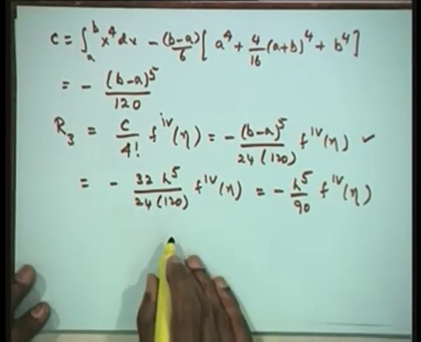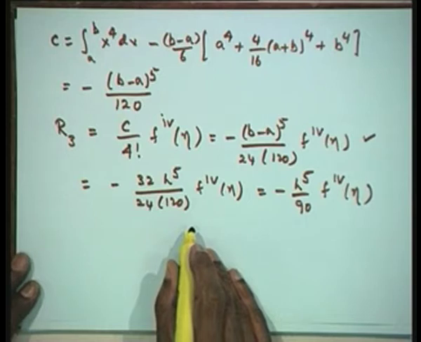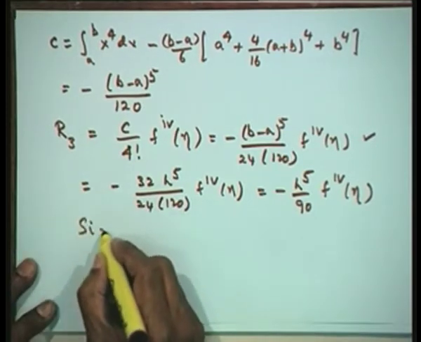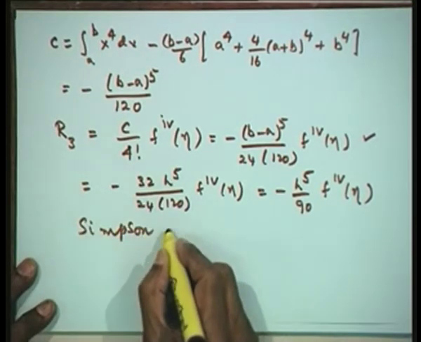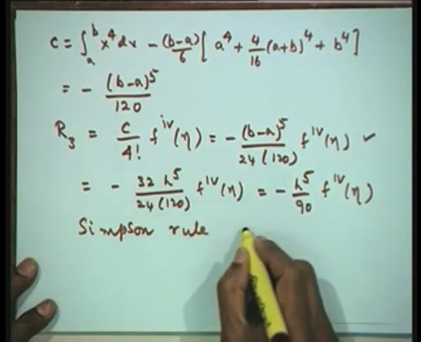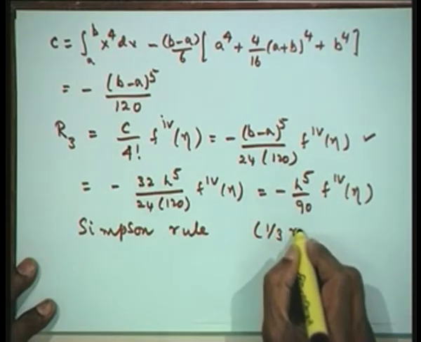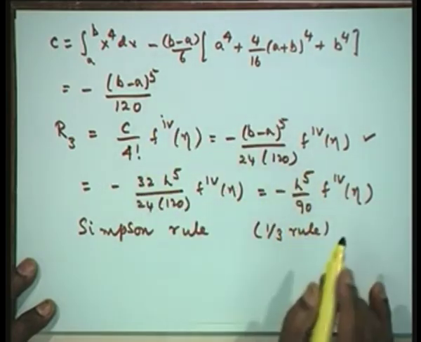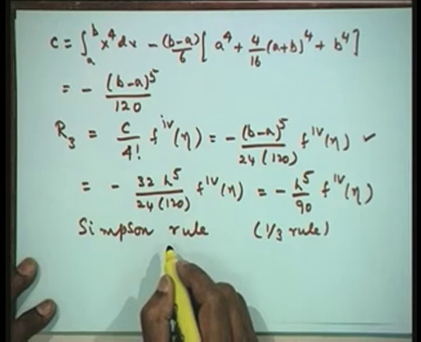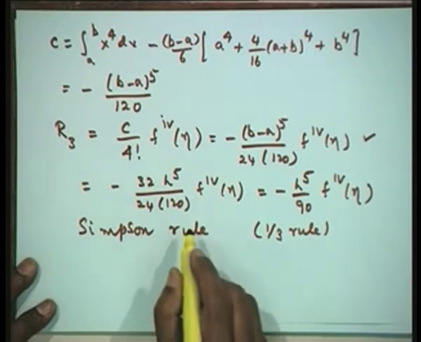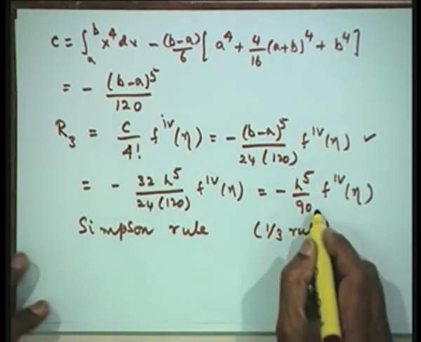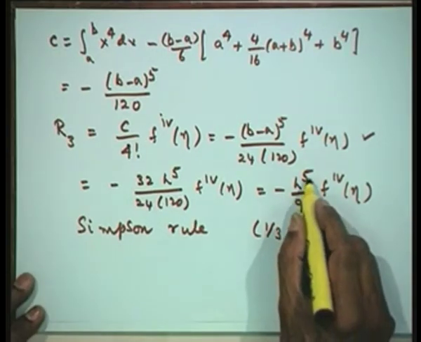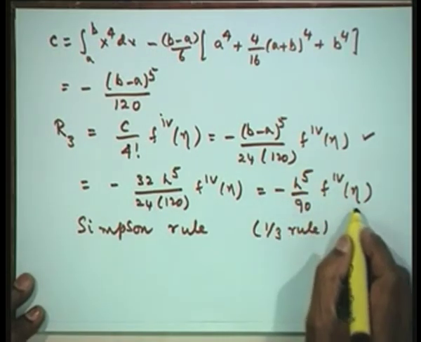Now, this class of formulas are called the Simpson's integration formulas. These are the Simpson rules. Some books call it the 1/3 rule, but whenever we talk of Simpson's rule we always mean this particular rule only, and this is a formula which has got precision or order 3 and the error term is quite small, that is h to the power of 5 by 90 times the fourth derivative of eta.